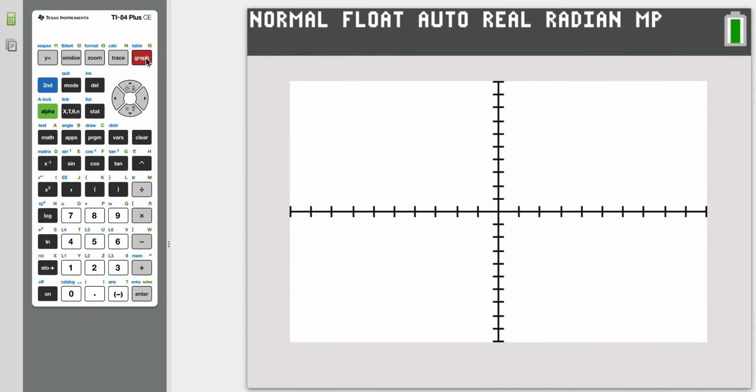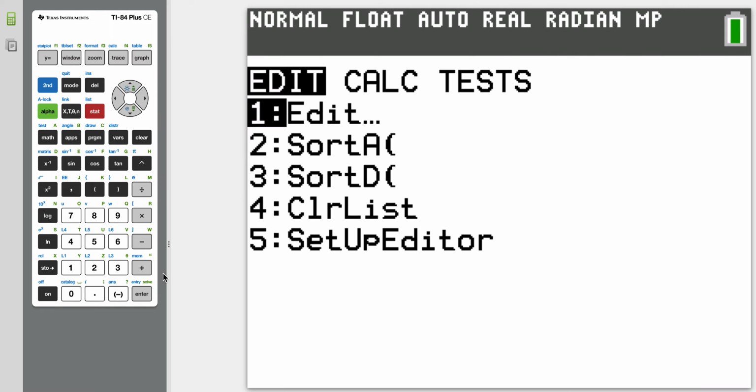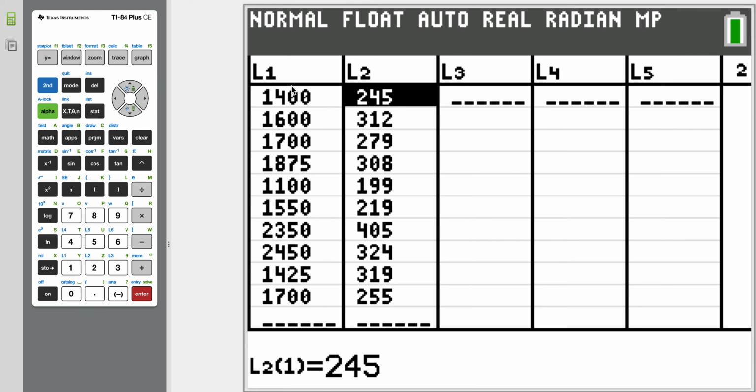I can hit graph, and I still don't see anything. You're like, well, what happened? My stat plot's on, my data's entered. Well, if you think about it, we were graphing X values. Look at your list again, hit stat, edit. Look, my X values are the size of my house.